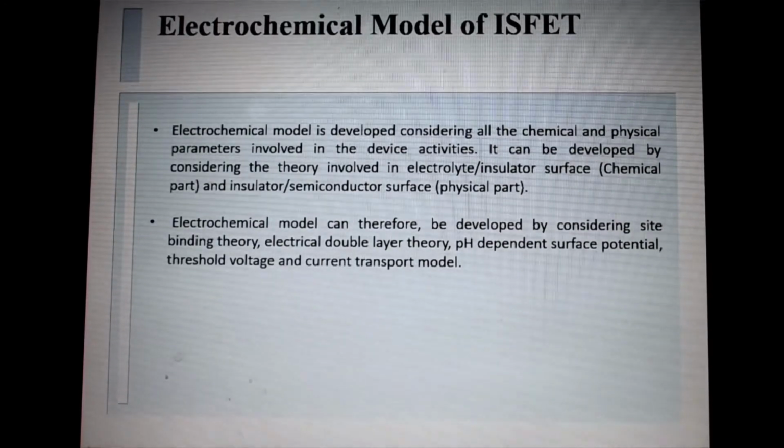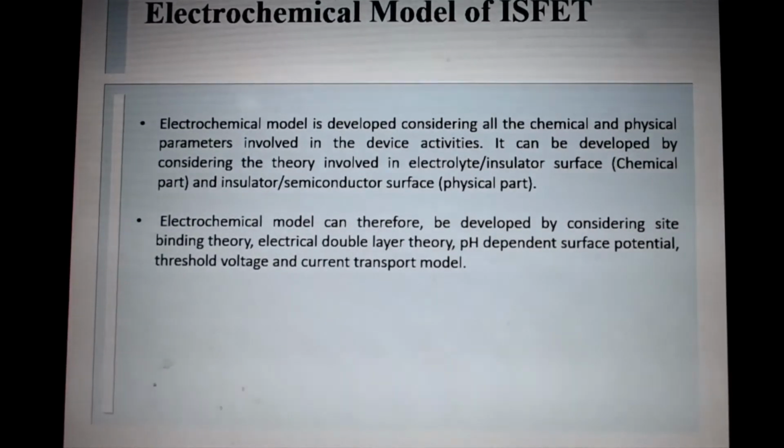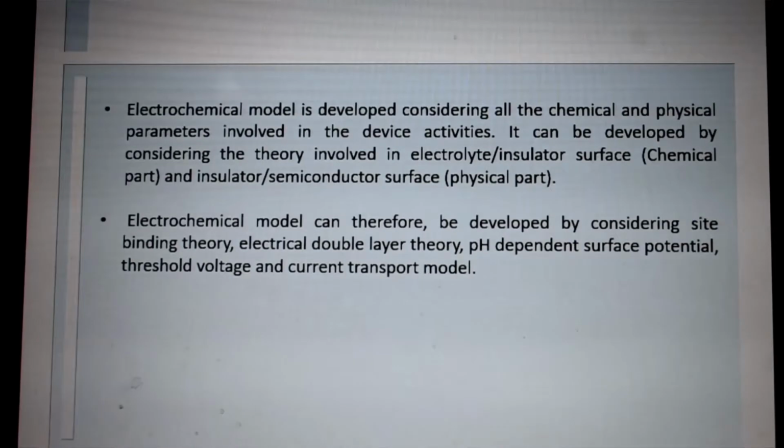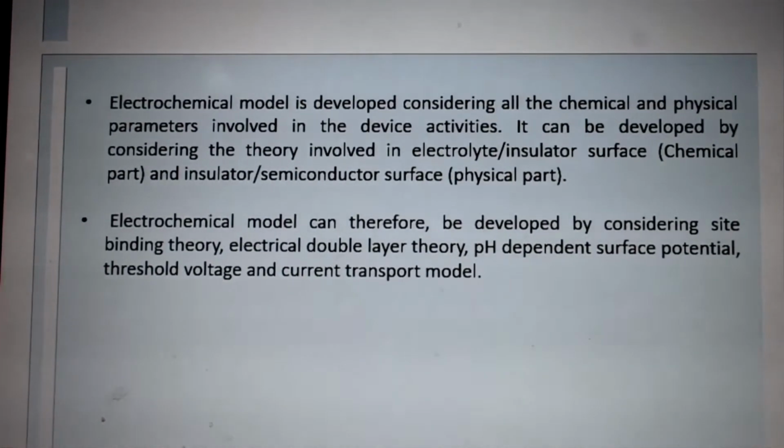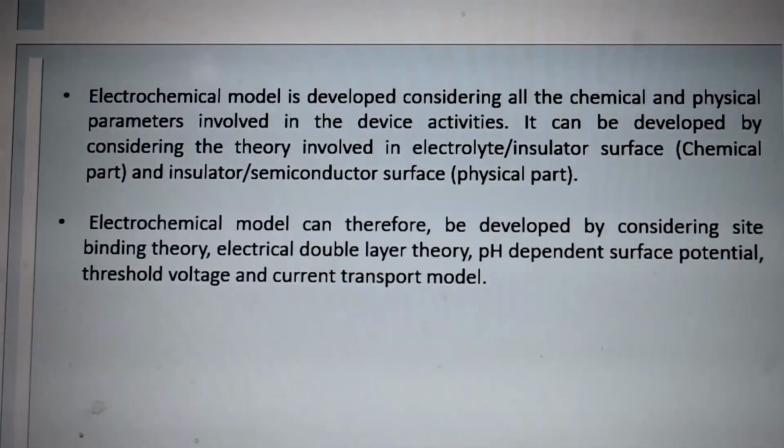The electrochemical model is generally developed considering all the chemical and physical parameters involved in the device activities. It can be developed by considering the theory involved in the electrolyte insulator surface, which is a chemical part, and the insulator semiconductor surface, which is a physical part.